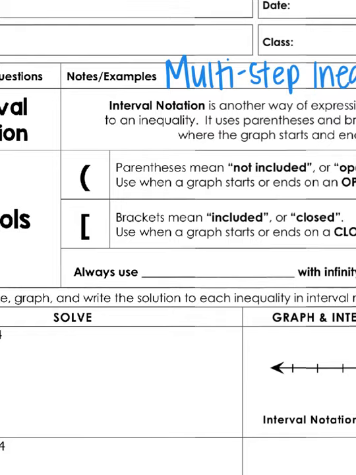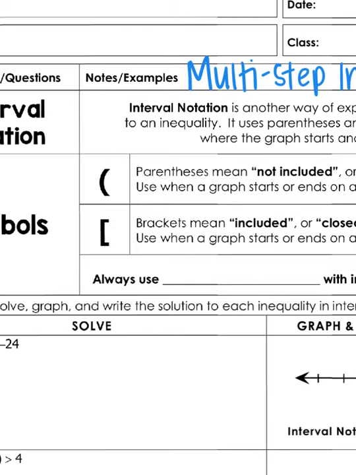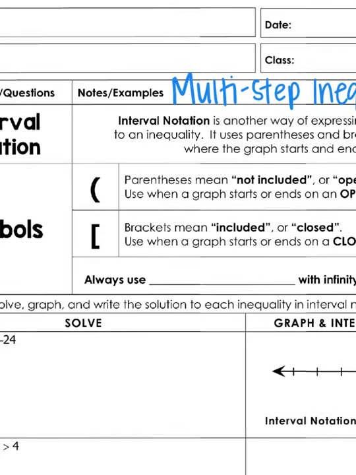A few things that we are going to need to remember is our inequality symbols. So when we see an open circle, that means that we are either using the less than symbol, so this is less than, or the greater than symbol.